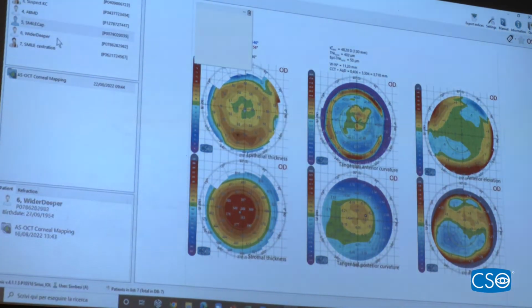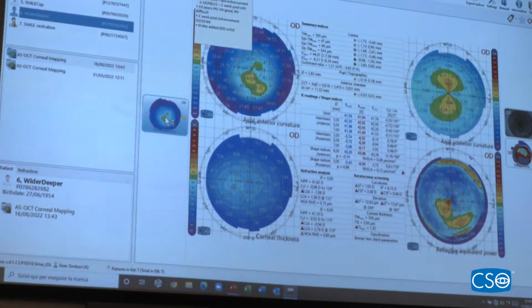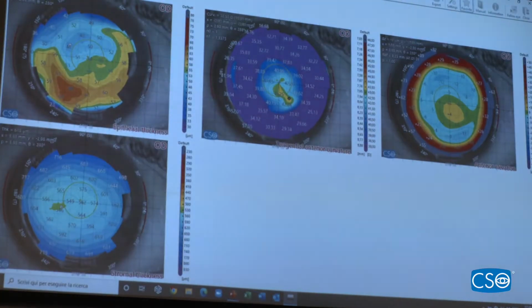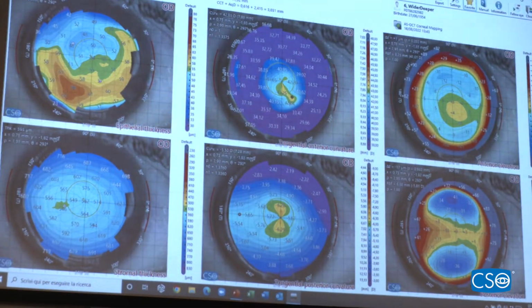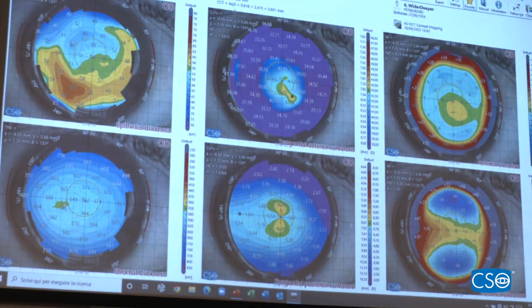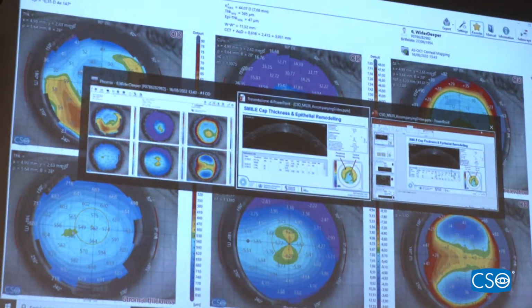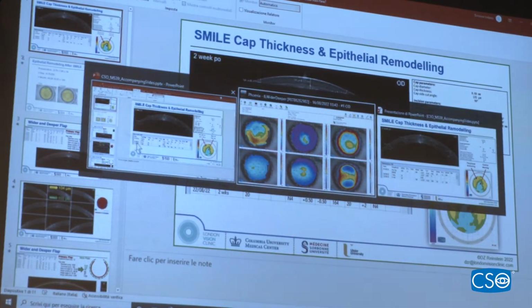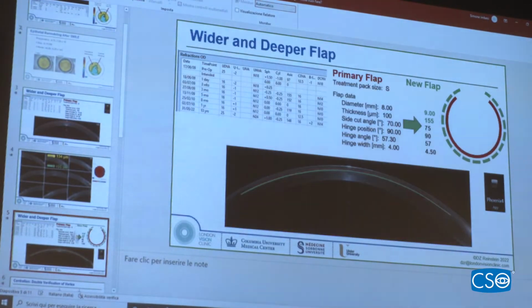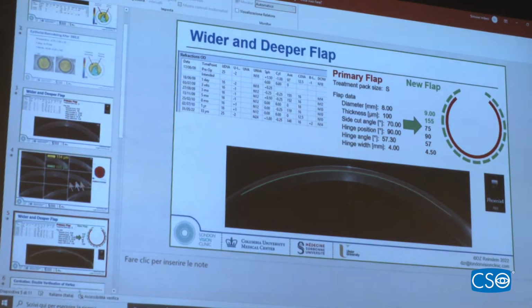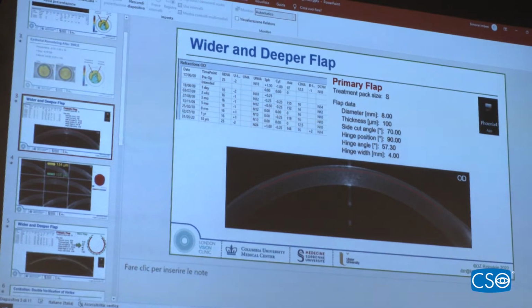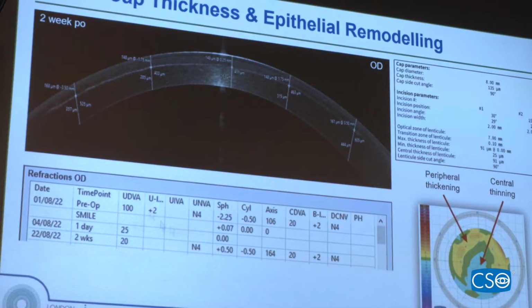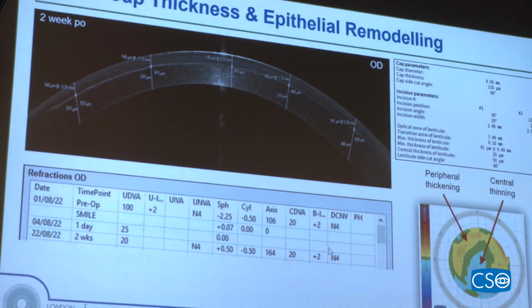So if we go now to another example where we are going to plan a new flap in a case that already had a flap. This is a patient of mine who I did surgery on. Oh, I selected the wrong one, I guess. Right, is this right?